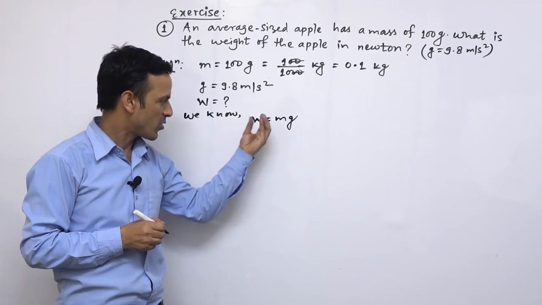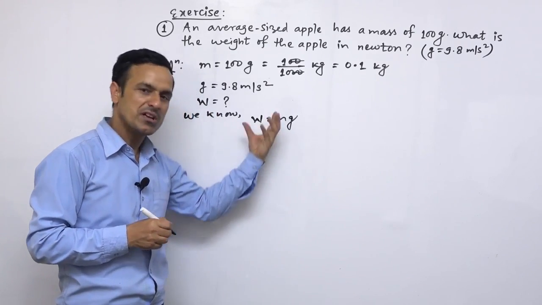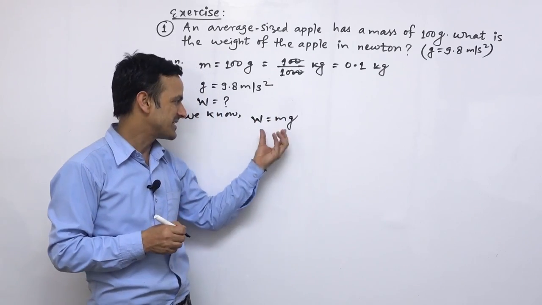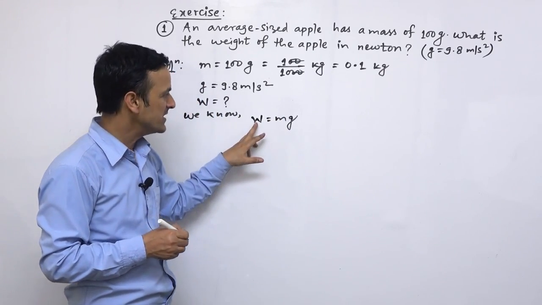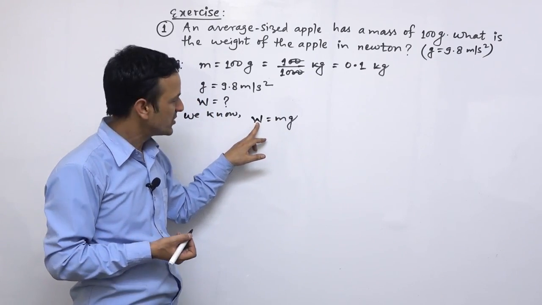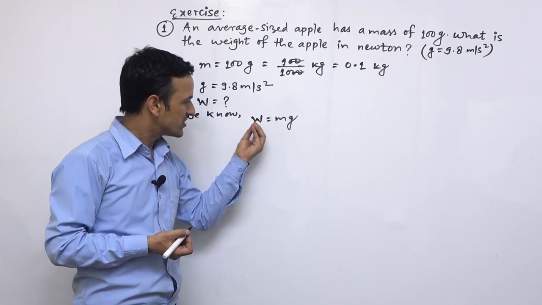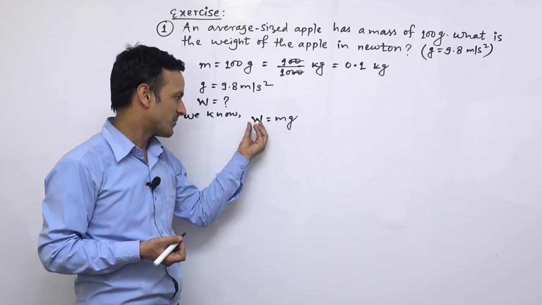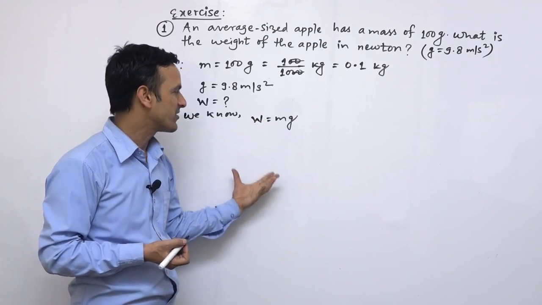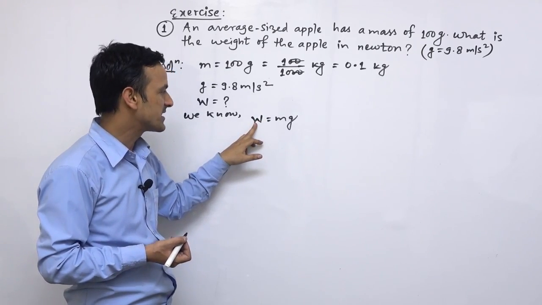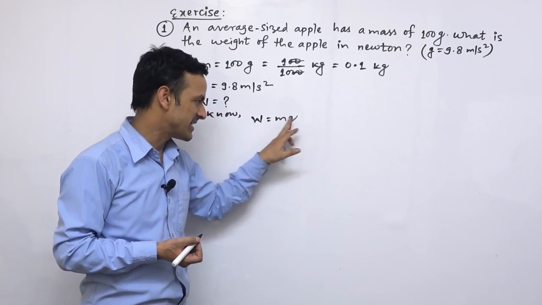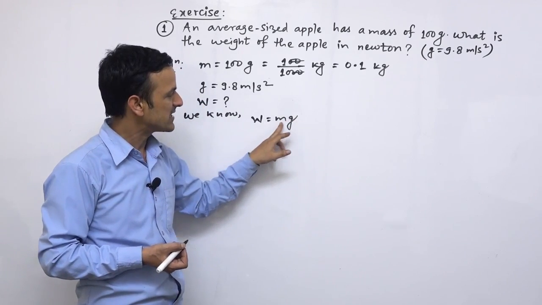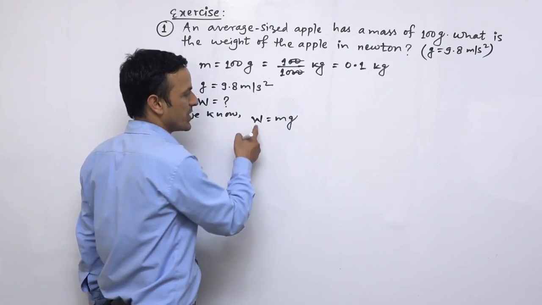Weight means it is against gravity. An object is attracted towards the earth. It is also a force. The force with which gravity attracts an object is the weight of that object. Like m times a, it is m times g. When gravity pulls the mass, that is our weight.